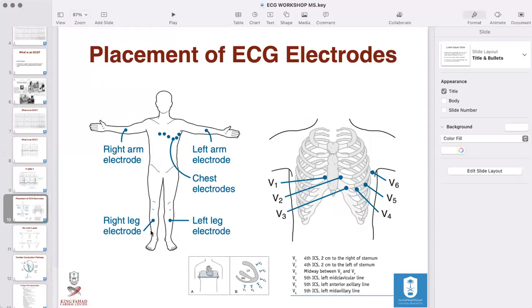The right leg doesn't contribute to the limb leads. It's just there as an electrical ground, so it's not counted. What is counted is the right arm, left arm and left leg. Then the chest leads are positioned within the 4th and 5th intercostal space, and they really go around the heart in this way.